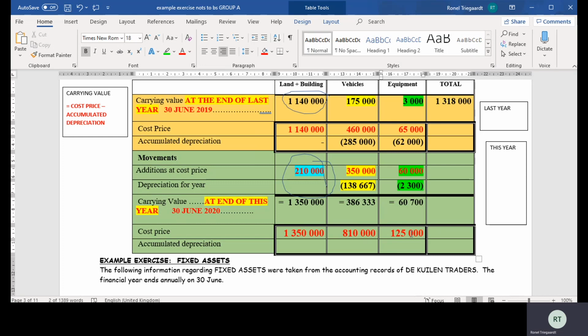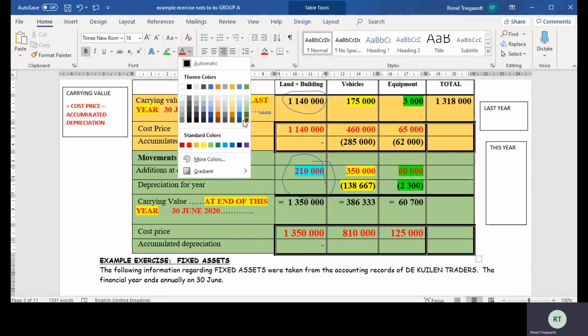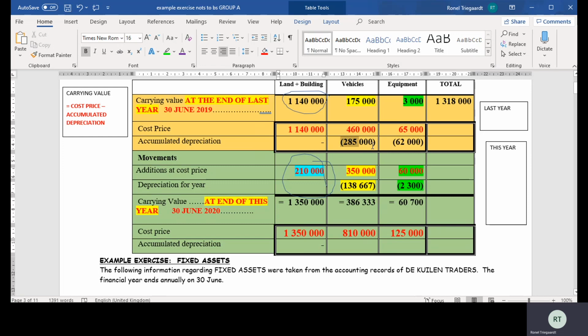Now depreciation, we do the same. There was no depreciation, so there will also be no depreciation there. What was the previous depreciation? Let's make that purple. The previous depreciation was 285. This year's depreciation is 138,667.